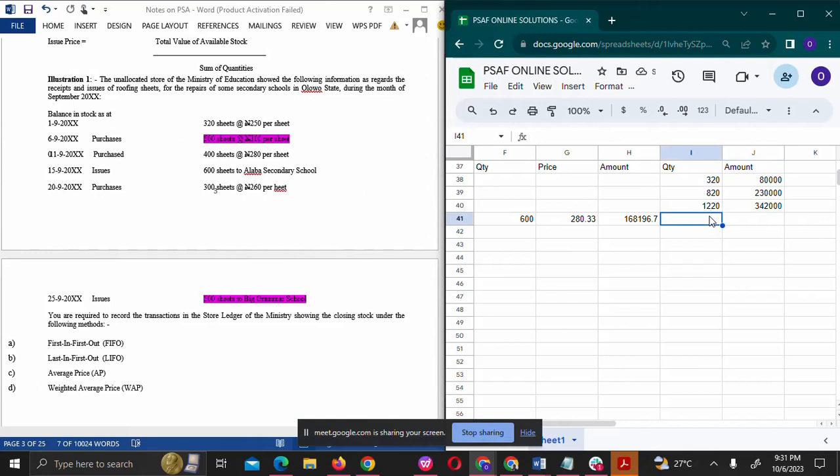Then you have 1,220 minus 600, and 342,000 minus 168,197.